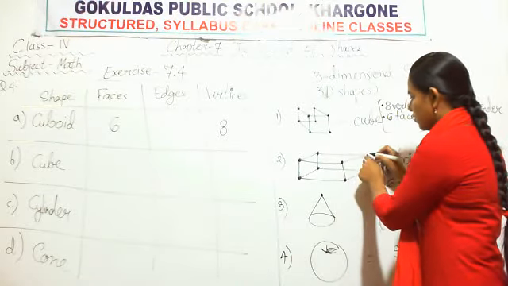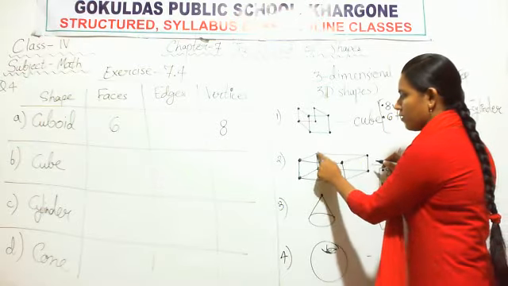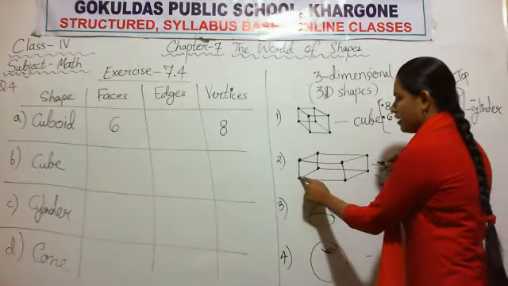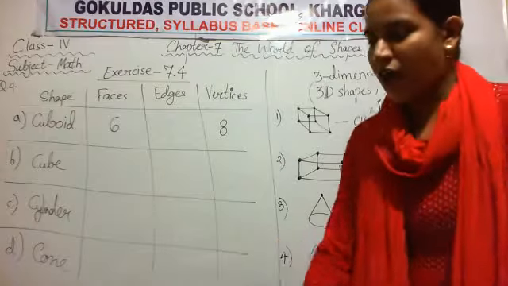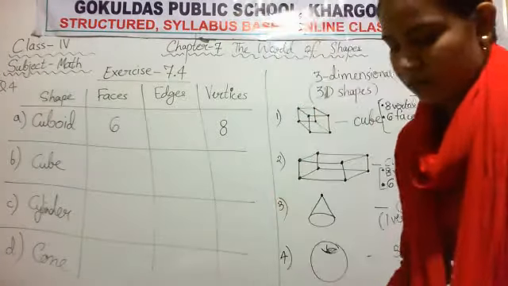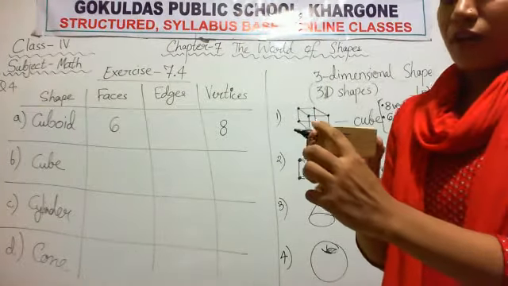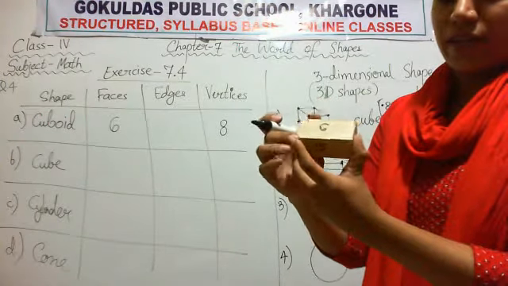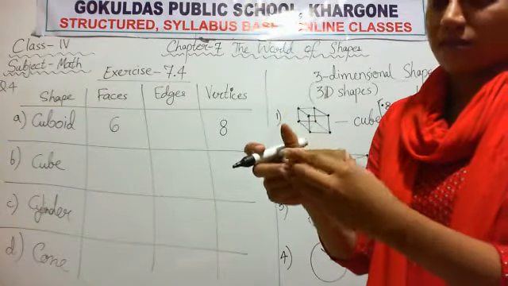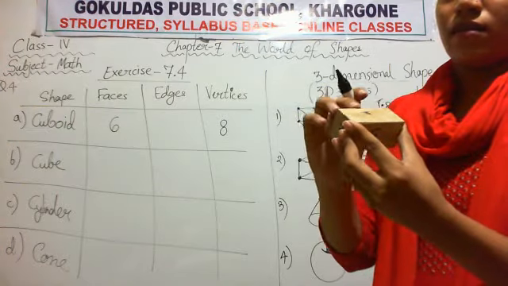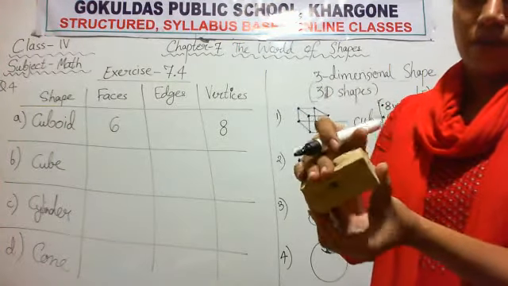How many edges in this figure? 1, 2, 3, 4. 4 lines and 4 on the back side.